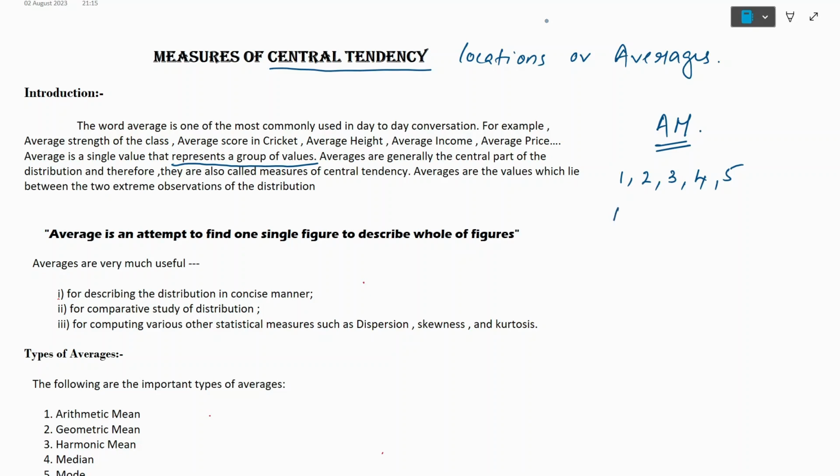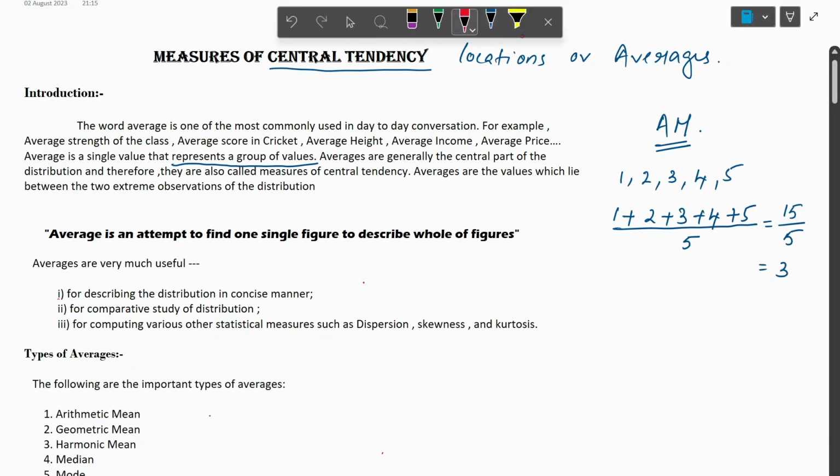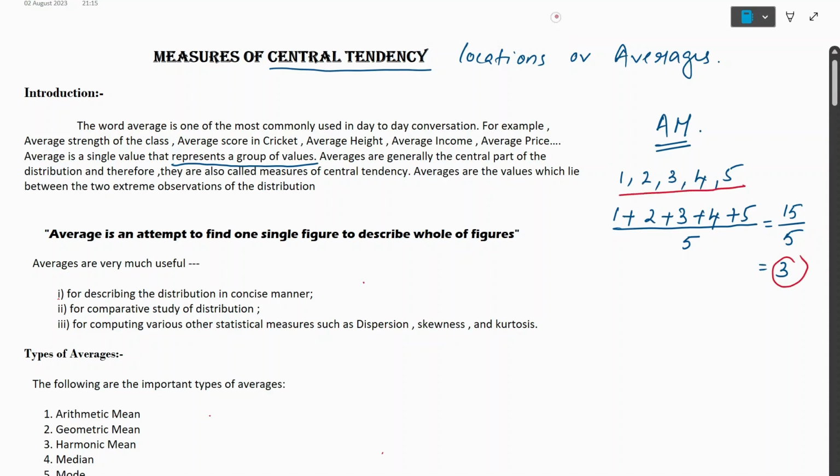That means we are finding the sum 1 plus 2 plus 3 plus 4 plus 5, whole divided by the total number of values, that is 5, which is equal to 15 divided by 5. The answer is 3. Now listen here. 3 is the average of the values 1, 2, 3, 4 and 5.